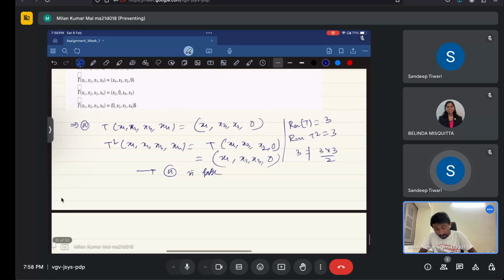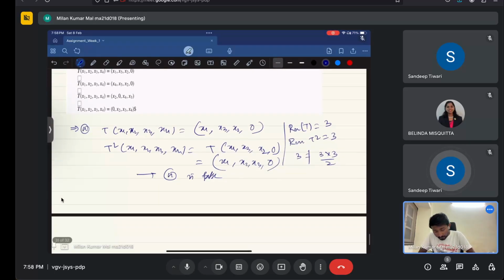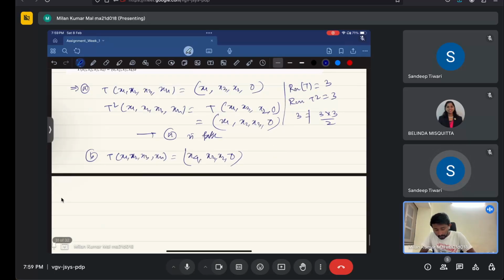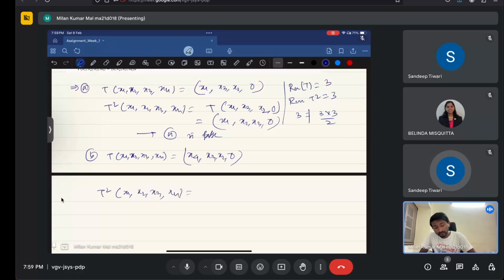Now option B. Option B says let T(x1, x2, x3, x4) equal x4, with x4 coming in this side, and switching x3, x2 and making it 0. Now T square of (x1, x2, x3, x4) equals T of (x4, x3, x2, 0).